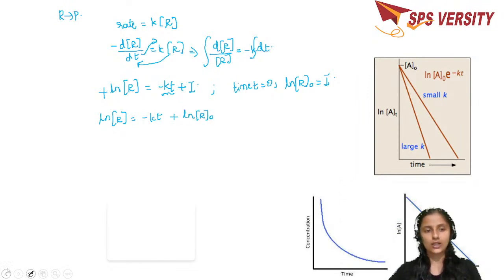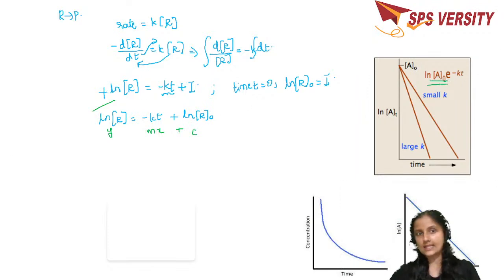If you draw a graph of this, that's y is equal to mx plus c, then the slope would be minus k. Along the x-axis you take t, along the y-axis you take ln R, and the intercept of that will be ln R naught. And how do you get this? Let me rearrange the equation.